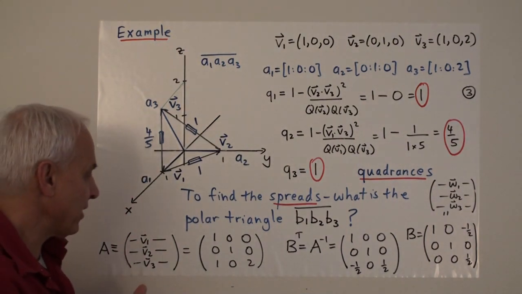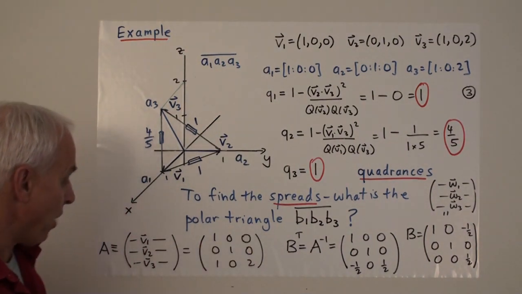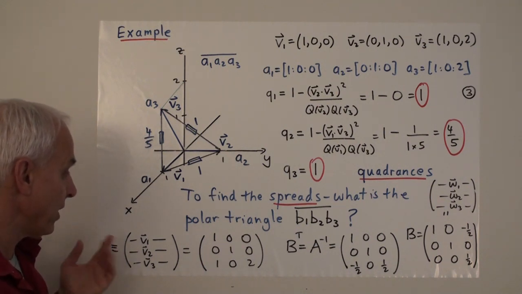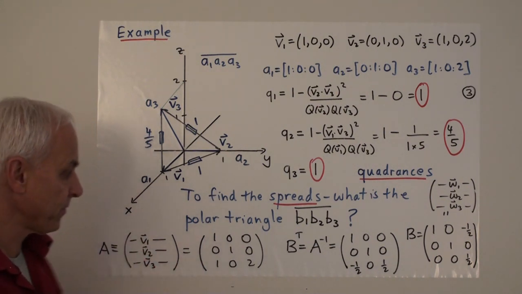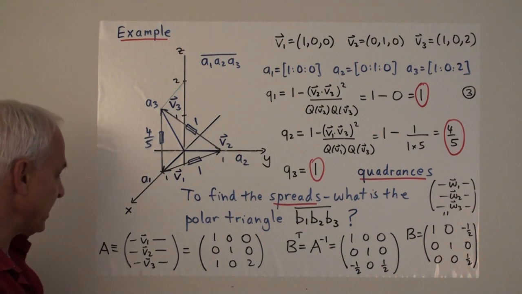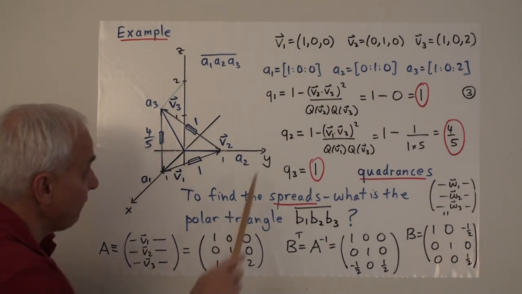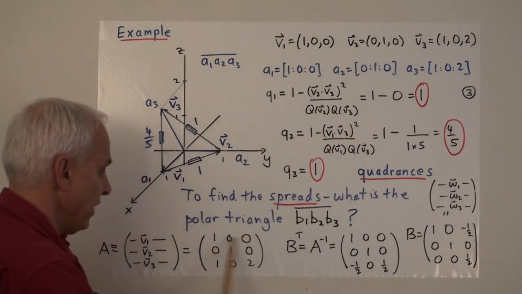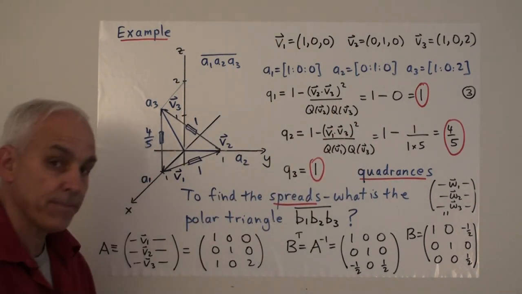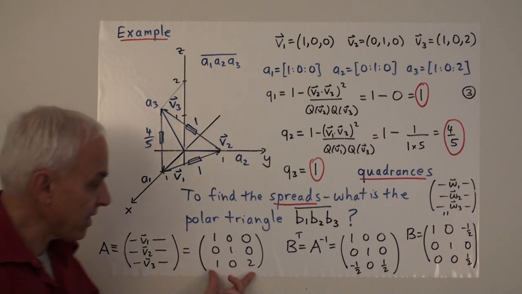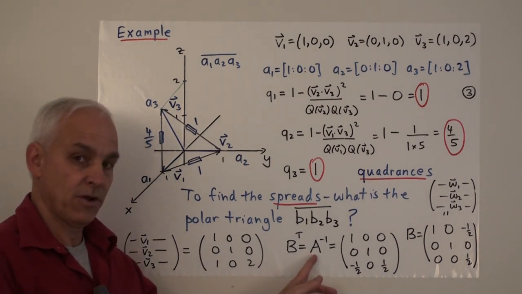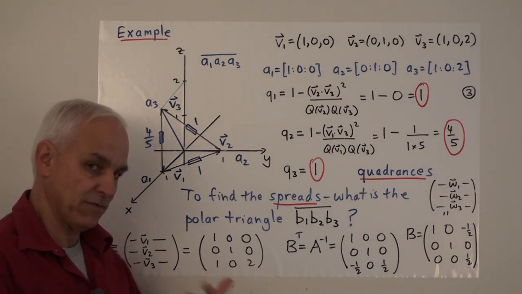And how do we get at that polar triangle? Well, one way is through some linear algebra. So if we set up the matrix A, which is the matrix which has as rows the vectors that we're starting with, V1, V2, and V3, and we take the inverse of that matrix in the sense of linear algebra.